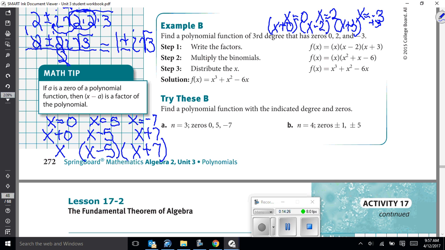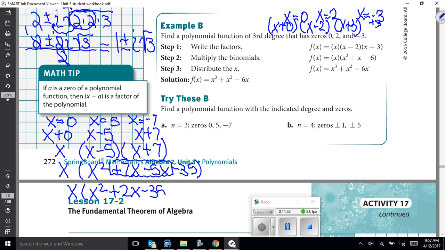Let's multiply these. x squared, 7x, -5x, and then -35. All right, so now this x needs to be part of the fun. x cubed.